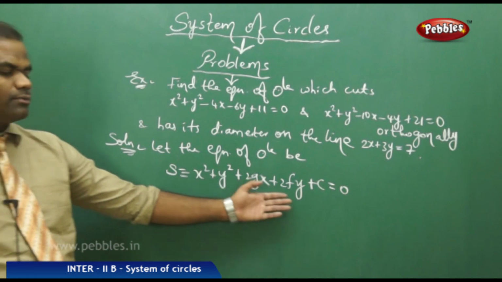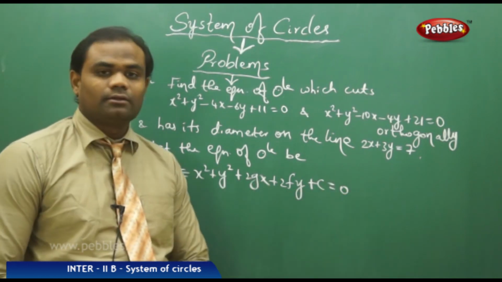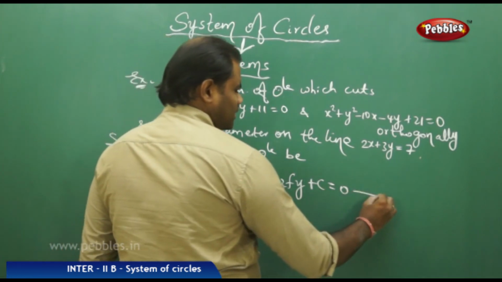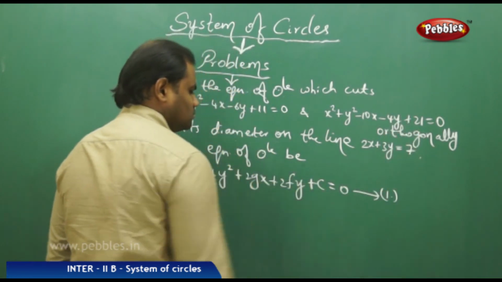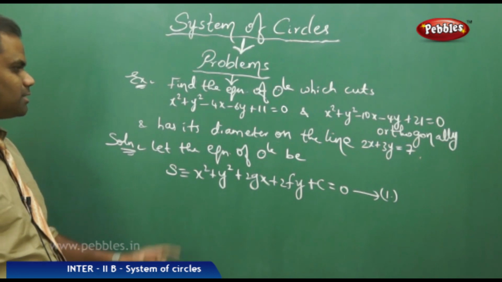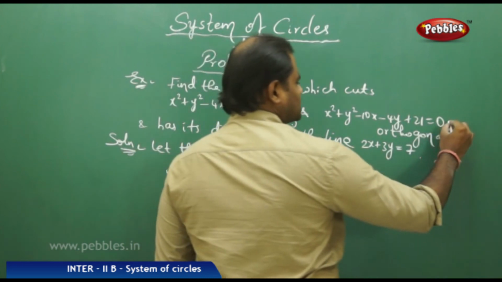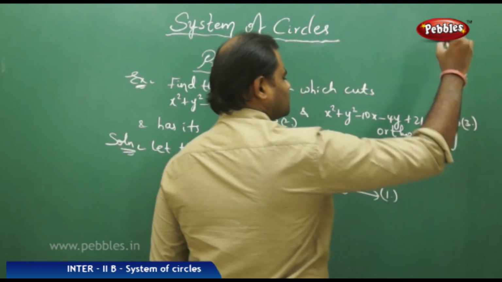So this is the equation of circle in general form, which I take as equation 1. And next I take this as equation 2 and this as equation 3.